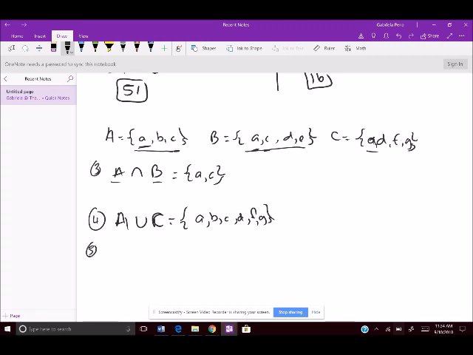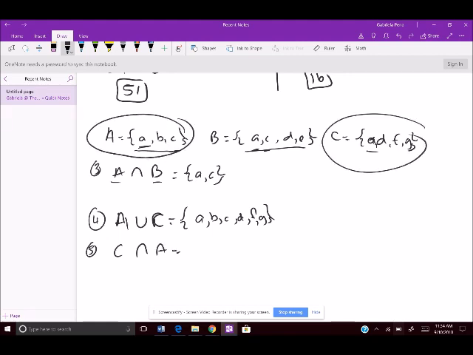Number 5, we have C union A. So C with A. And it's not union, it's the intersection. So for the intersection, what is the only thing they have in common? A. And that's it. For number 6, it is the union of A and B. And that would be A, B, C, D, and E.